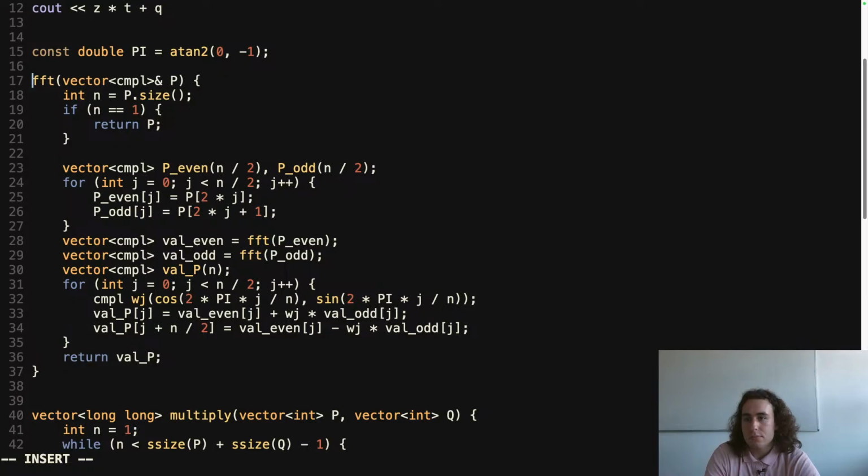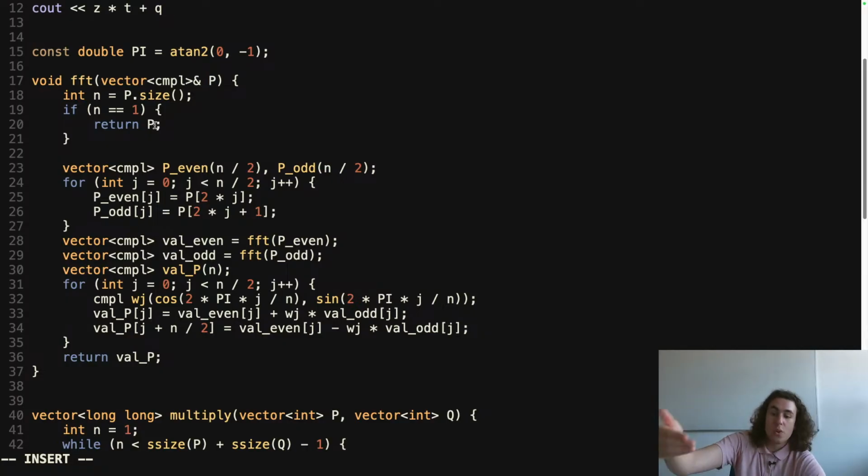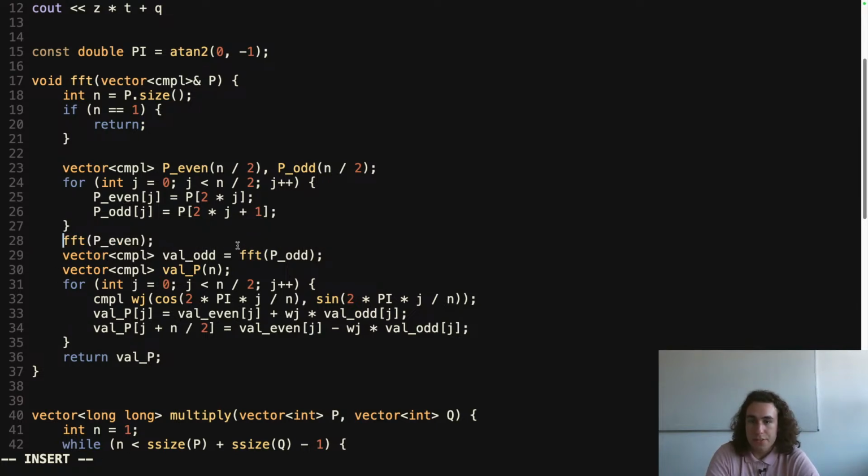And now it's going to be a function that is void, and it's going to replace the coefficients in this vector with the values, right? So we create p even, p odd. Now FFT doesn't return anything, so we replaced p even and p odd with the values.